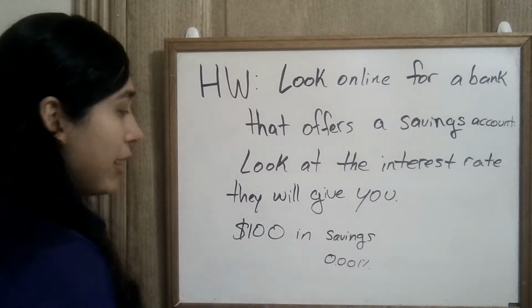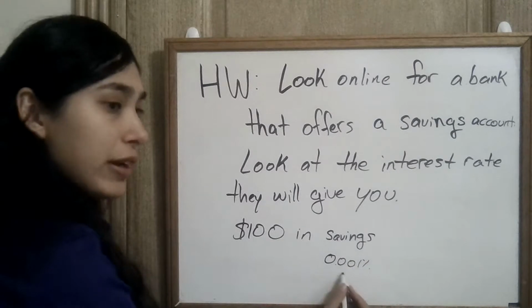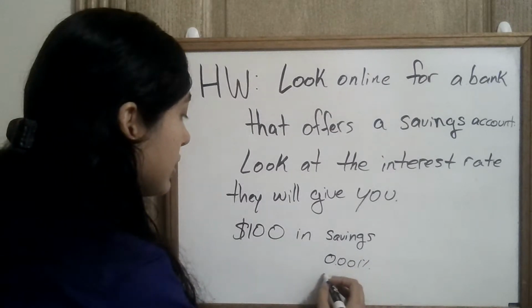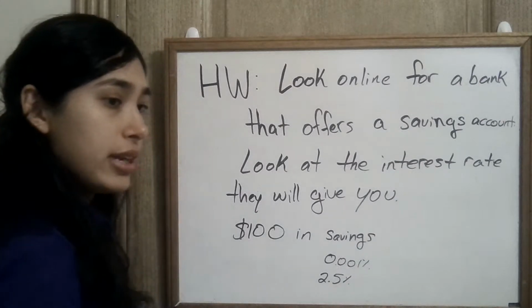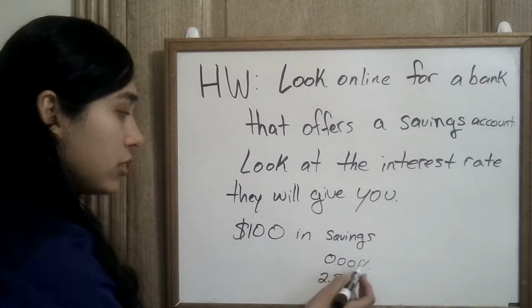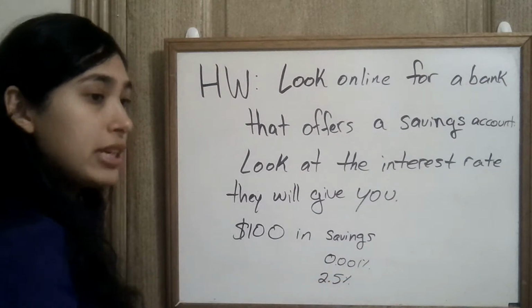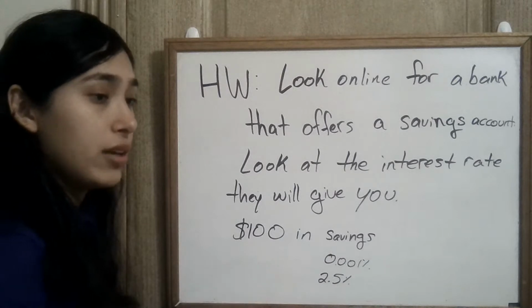But I ended up closing that savings account because they gave me very little money. I went someplace that gave me 2.5% interest instead. So the higher the percentage, the more money I was getting in return for having my money in the savings account.